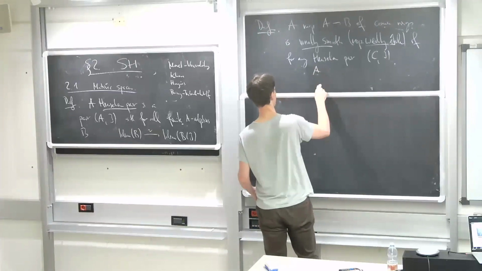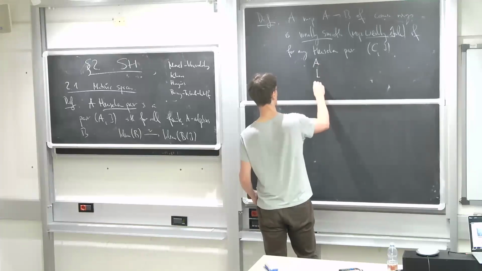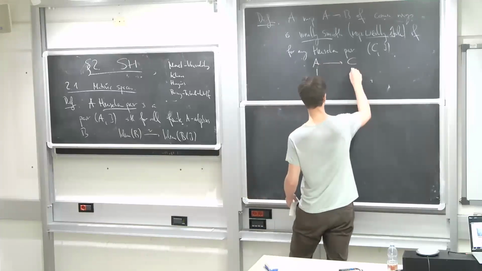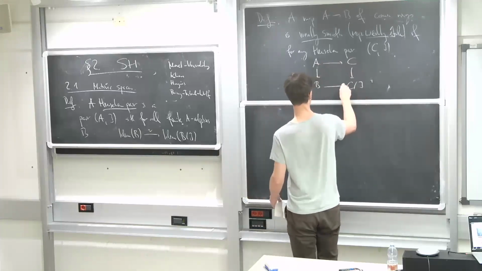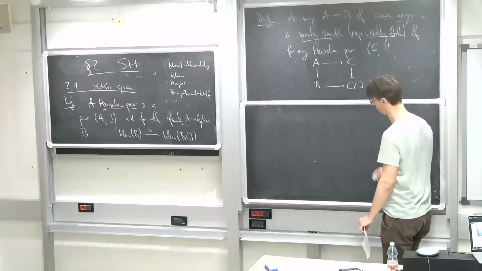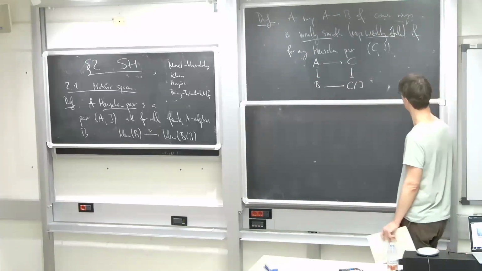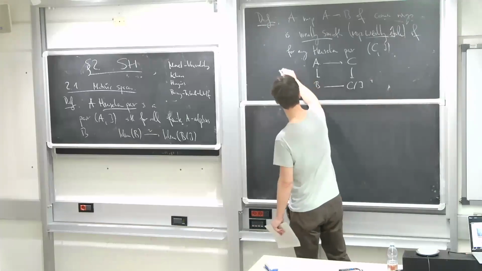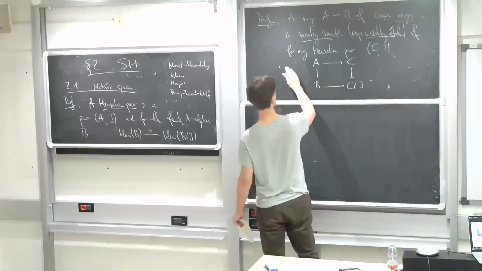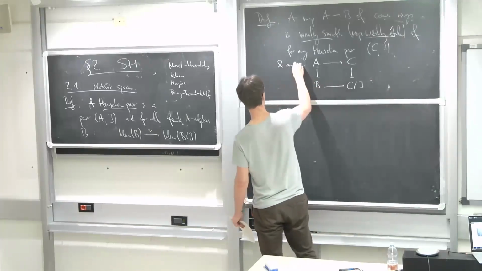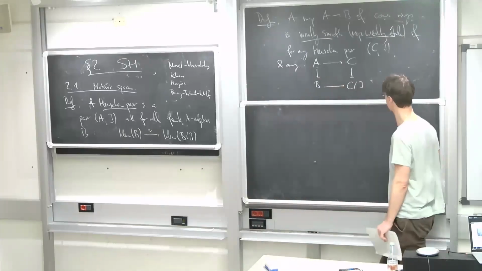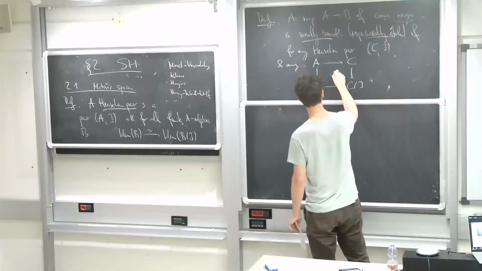We have this map from A to B, and we give ourselves a diagram like so, with a map going into this quotient. So for any Henselian pair and any commutative diagram like so, there is a lift.